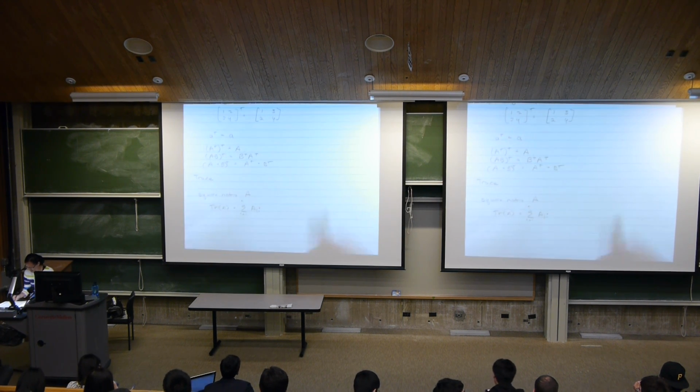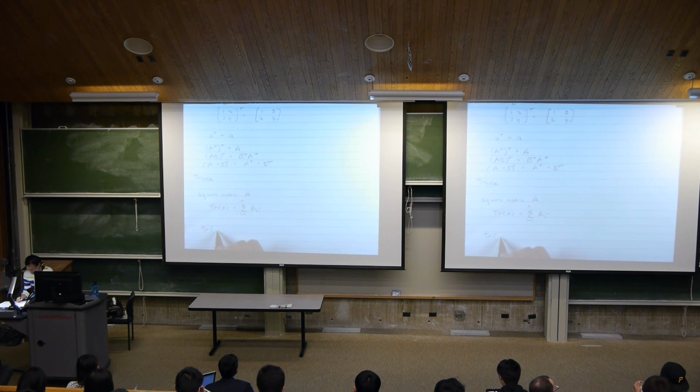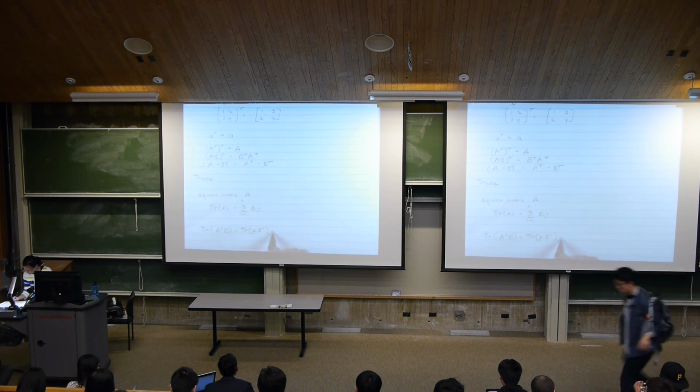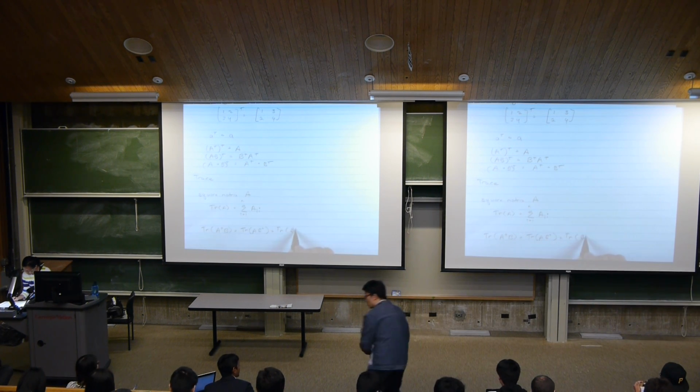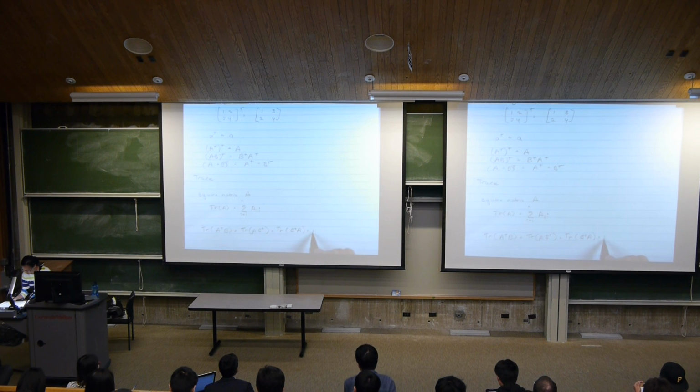Another thing that is kind of neat is you can take the trace of a product. These are all equal to each other, and it is equal to this expression here.